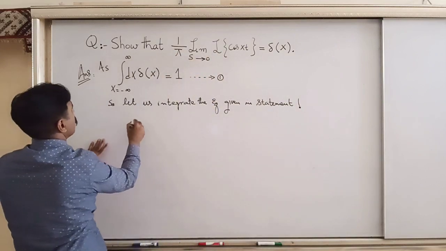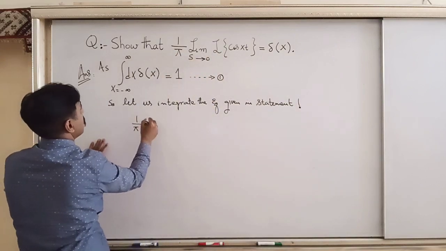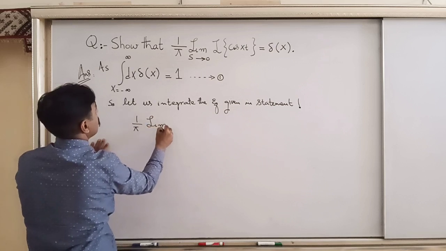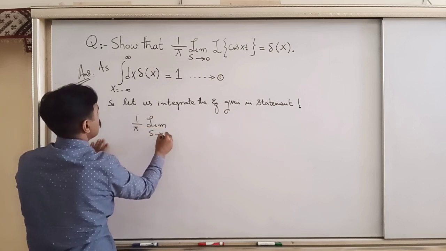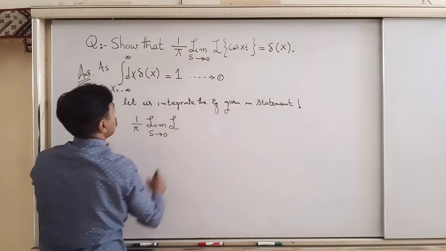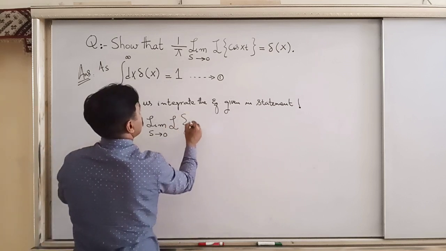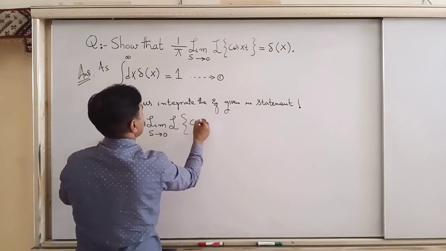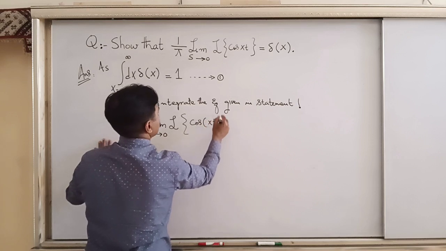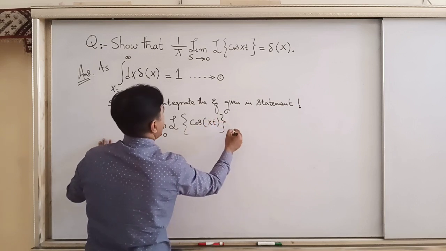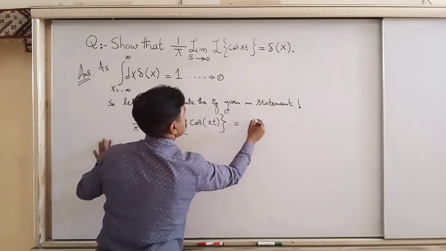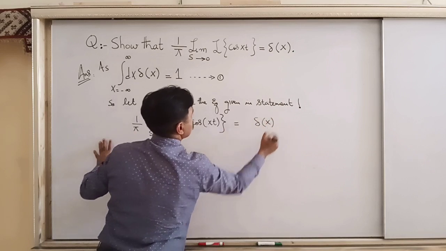So here you go. 1 over pi limit s approaches to infinity, Laplace transform of the cos of xt, and this is delta x, right?